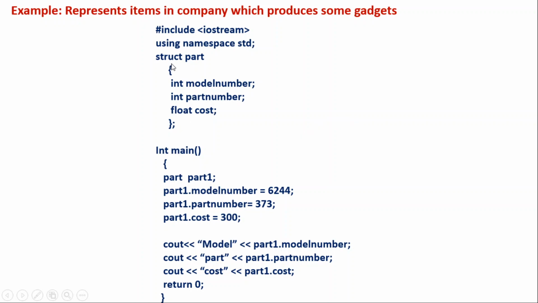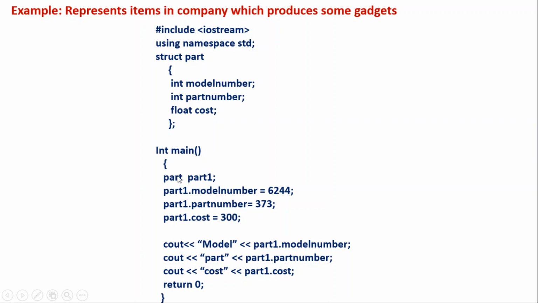Here the structure name is part, so similarly as I use int, instead of that I use part here. I have defined a data type which is known as part. As we use int, float and all, I use here the name of the structure. So we can consider this as a data type.